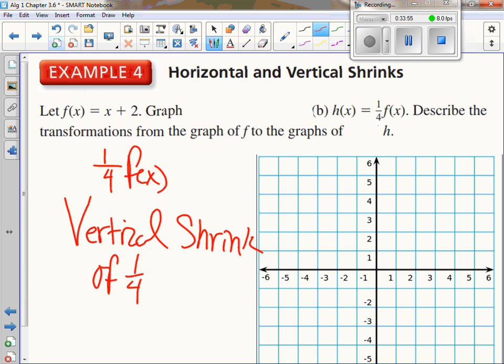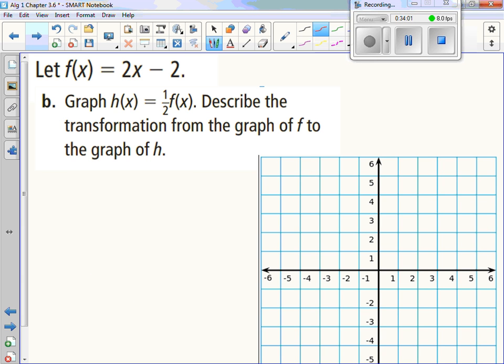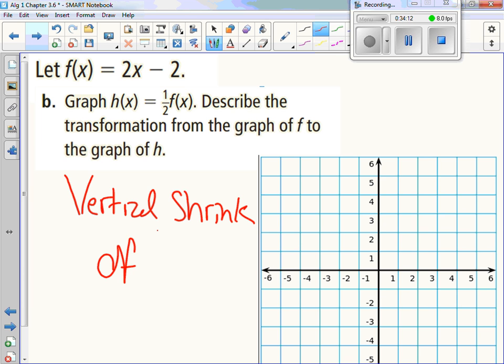And that is it. This one here? What would this be here? Of 1/2, because it's less than 1.